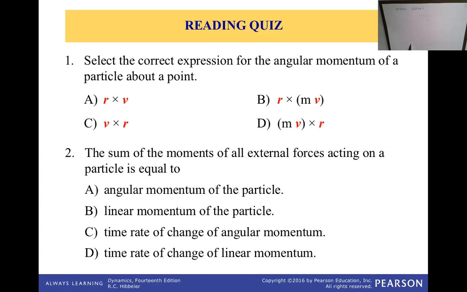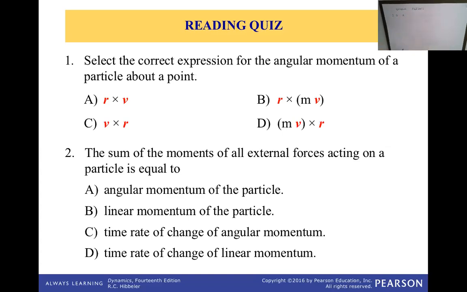If you read the textbook, it tells you this is equal to the R vector cross product with the momentum vector. So the correct answer should be B, R cross m multiplied by v.